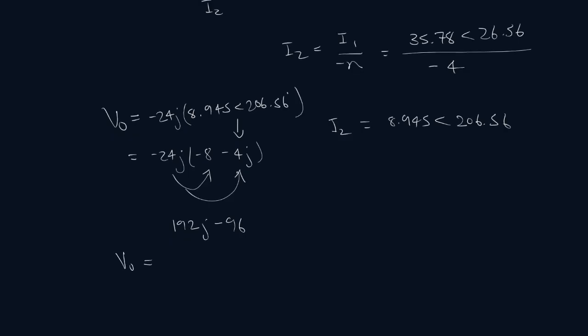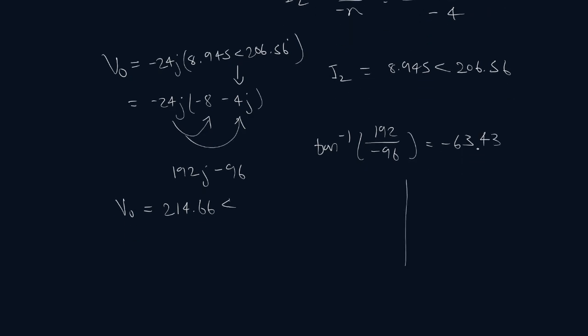Now put this in phasor format to have your VO. So that's 214.66 phasor. So pretty much to get the angle, tan inverse of 192 all over minus 96. And that's minus 63.43. I double check this on the Cartesian plane.